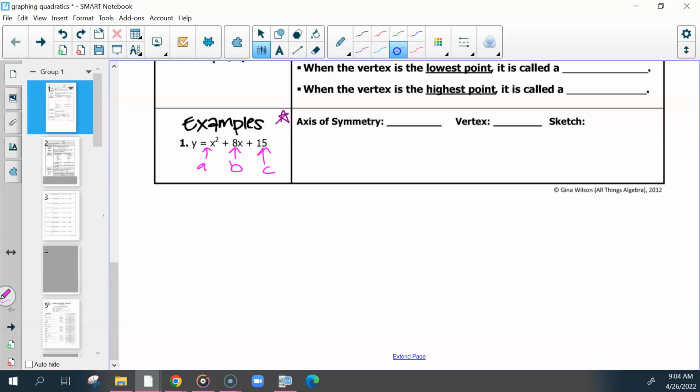So I'm using the axis of symmetry formula. It is always negative no matter what, kind of like slope. So we're going to put in a negative 8 over 2 times, what is our a value? 1.